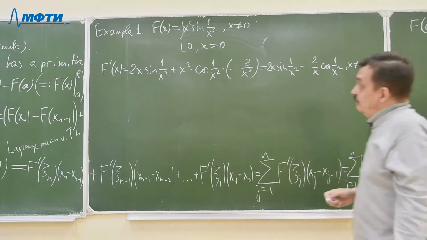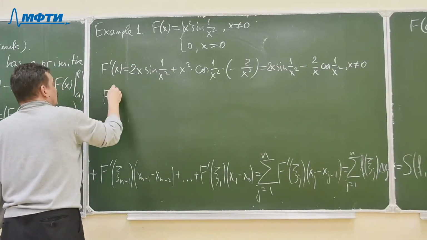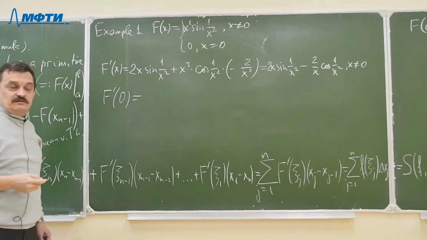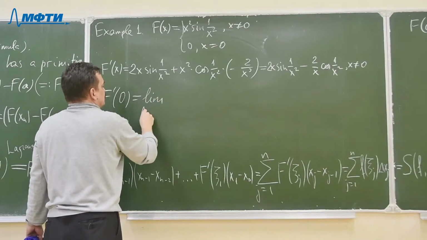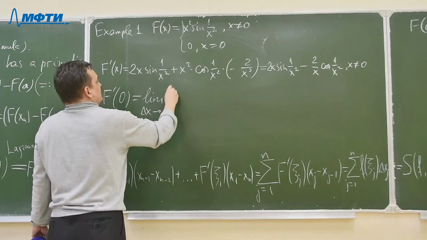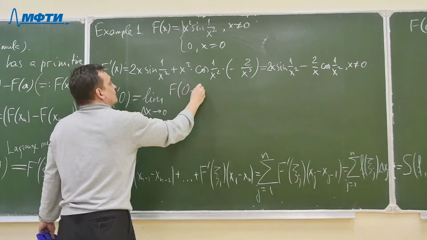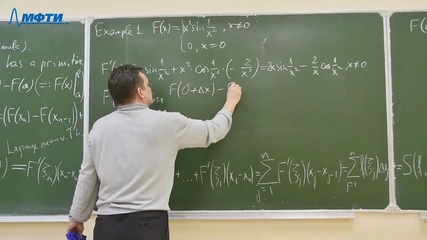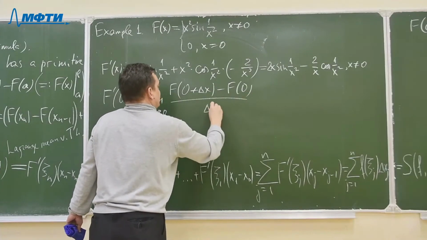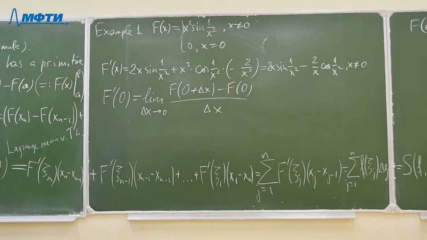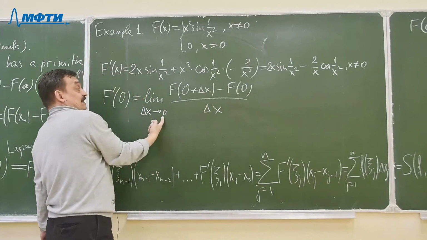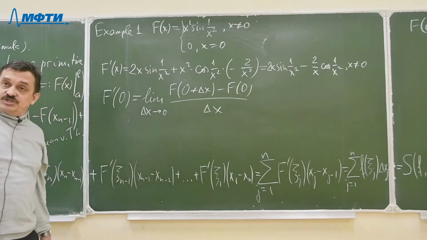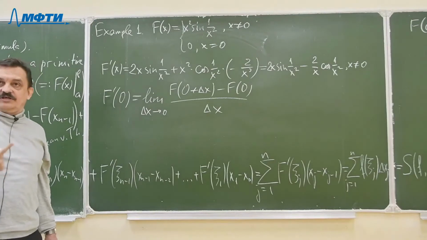But we can compute capital F prime at 0 as well. How? Just by definition. That is the limit as delta x tends to 0 of capital F at 0 plus delta x minus F at 0, over delta x. That is by the definition of the derivative. Look, F at 0 is 0, and when delta x tends to 0, we suppose delta x is not equal to 0, right?